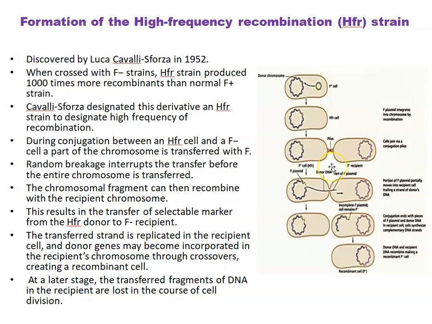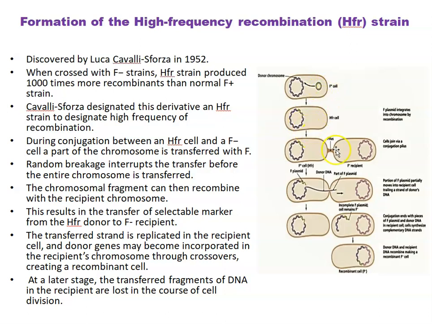So during conjugation between a high frequency cell and an F negative cell, a part of the chromosome is transferred, but sometimes random breakage interrupts the transfer before the entire chromosome is transferred, right? Here, this is a high frequency strain, genome and plasmid.